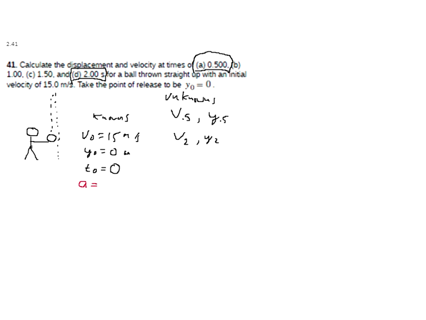We also know that a equals negative g if we take our axis to be the traditional XY axis, where up is positive Y and right is positive X. So for the position, we can use y equals y0 plus v0y t plus 1/2 a t squared, where a is equal to this negative g.